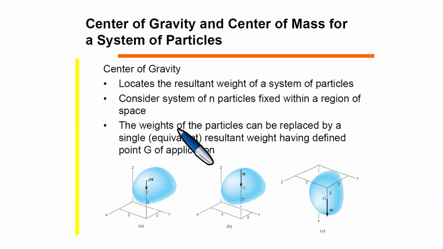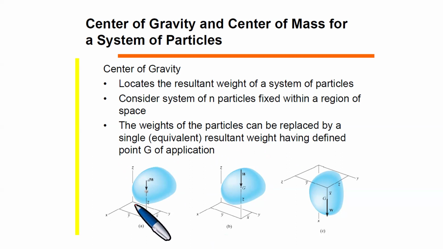Next, the weights of the particles can be replaced by a single equivalent resultant weight, having defined point G of application. Now, this is extremely important. Each particle has its own individual weight, and so the weights of the particles can be replaced by a single equivalent resultant weight, having defined point G of application.